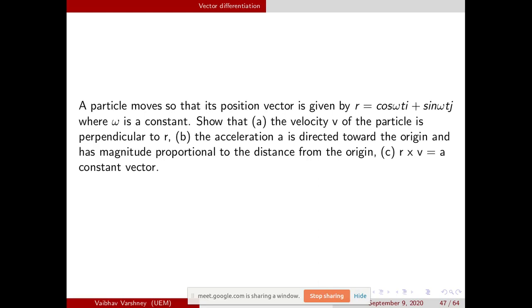There is another formula regarding the partial differentiation of vectors: del square by del y del x of a dot b. Is this formula important? It is very large.